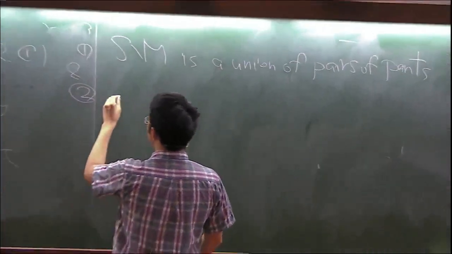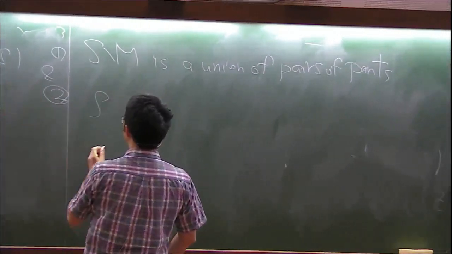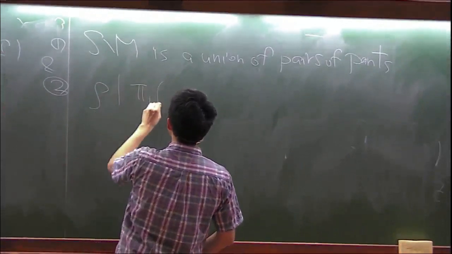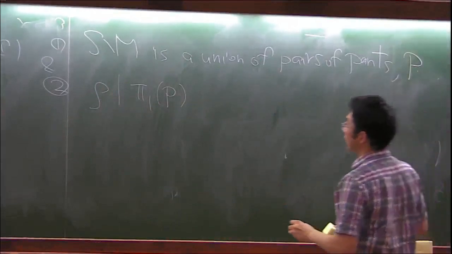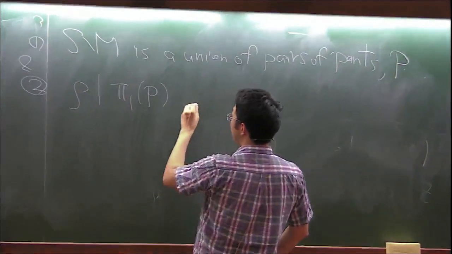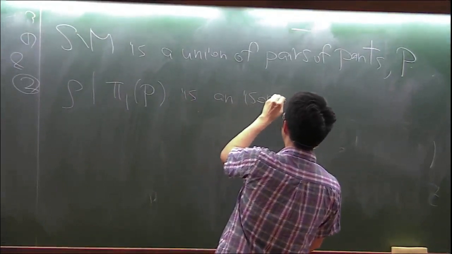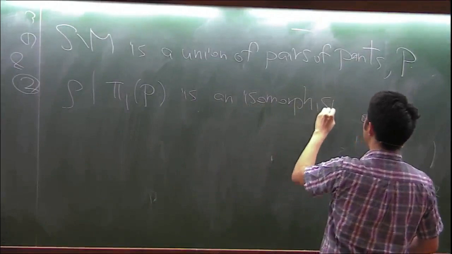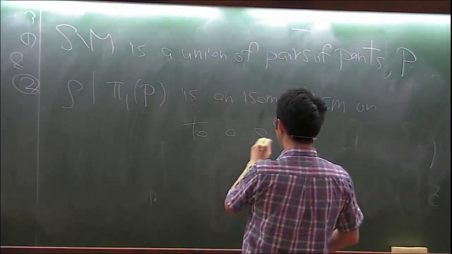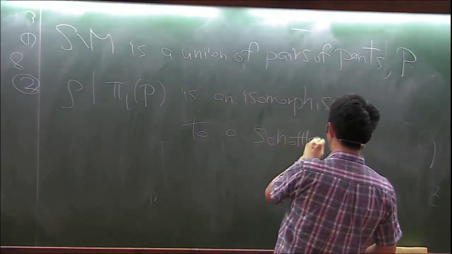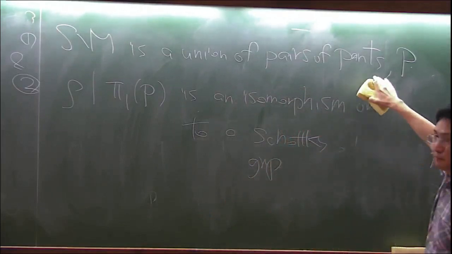And if you restrict the representation you started with to the fundamental group of each pair of pants, called P, it is now an isomorphism onto a Schottky group, for each pair of pants.